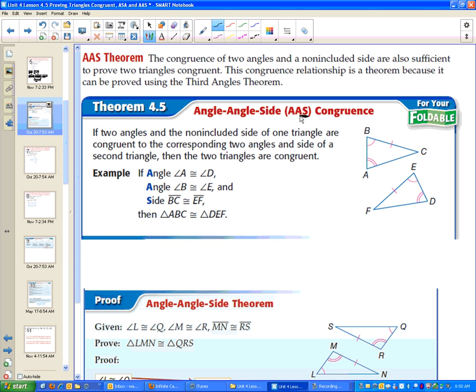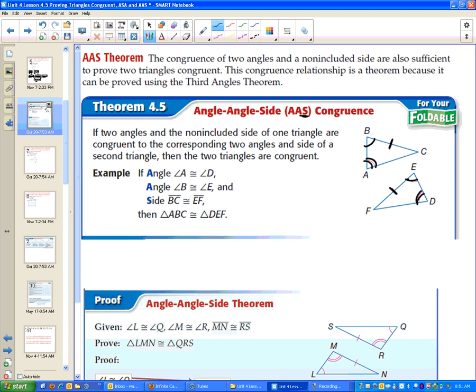Look what we've got here in triangle ABC. I've got an angle. Segment BC is a non-included side, correct? Then look at the other triangle. Angle D congruent to angle A, angle E congruent to angle B, and then segment EF is also a non-included side, and it does correspond to segment BC, doesn't it?